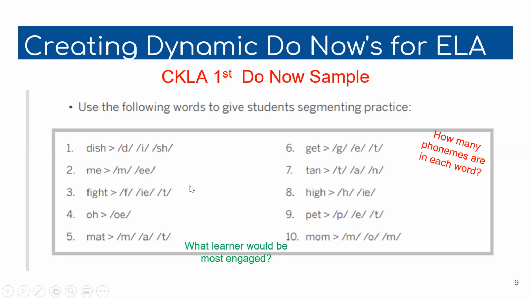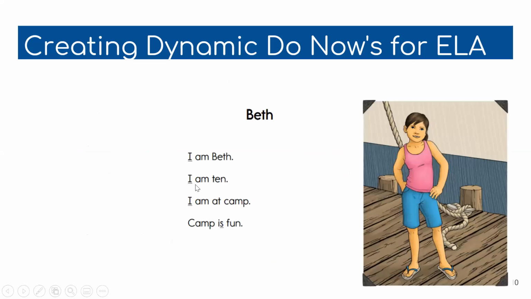Now, what learner would be most engaged from this do now? Write it down. We'll discuss in PLC. Now, what about CKLA first grade, where you have advanced learners or more of a challenge, rigorous work for do now for later in the week?